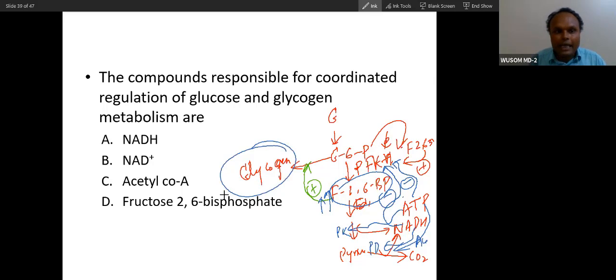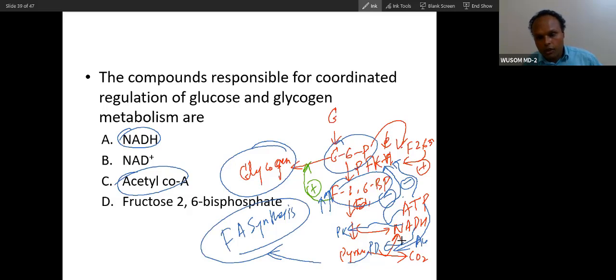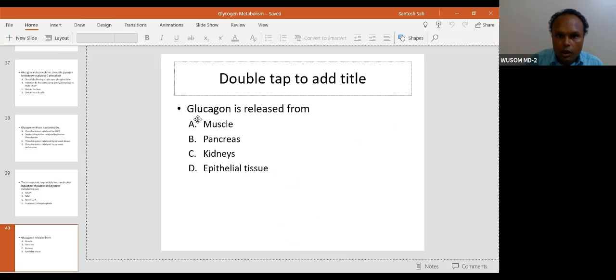So actually the feedback inhibitors of glycolysis push glucose 6-phosphate to glycogen, and these feedback inhibitors also push glucose for fat synthesis. So thanks to these feedback inhibitors, things are pushed for fatty acid synthesis and glycogen synthesis.